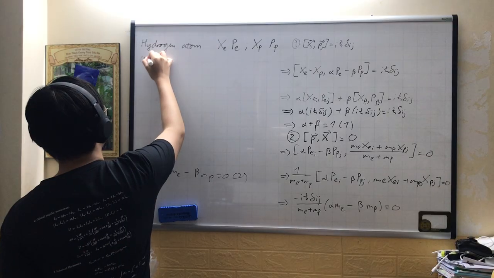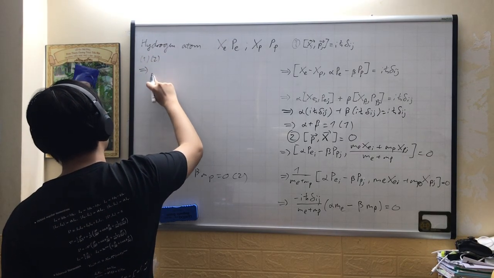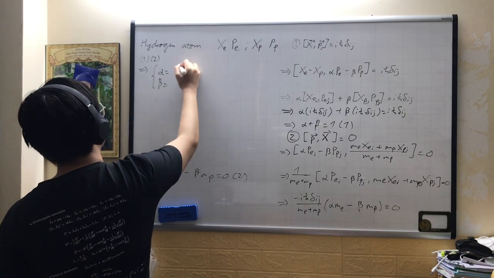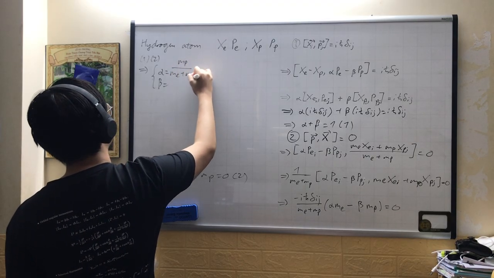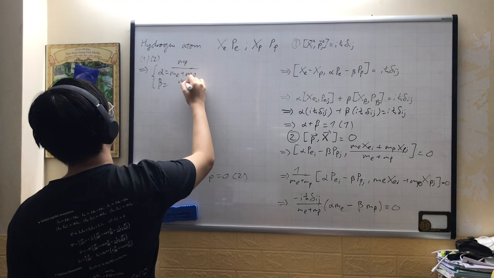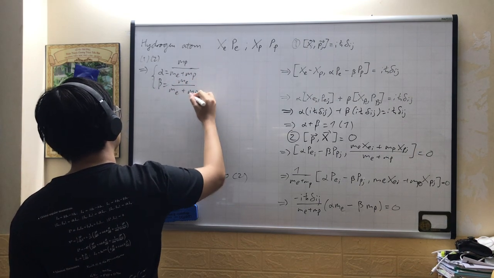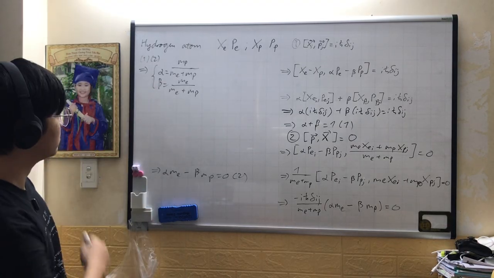From 1 and 2, we get what alpha and beta are. Alpha is m_p over m_e plus m_p, and beta is m_e over m_e plus m_p.